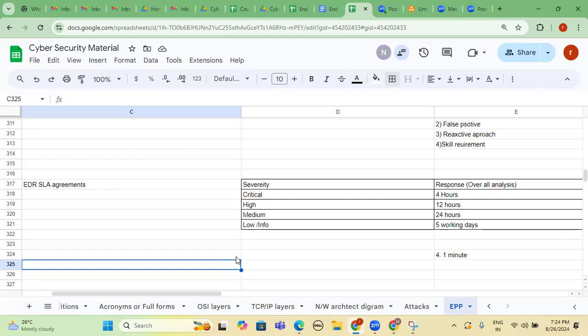Okay. When I was working at TCTS in Chennai location, one of my colleagues, his name is Sunil Baisani. At that time we were working on an EDR tool or antivirus tool related to Trend Micro.